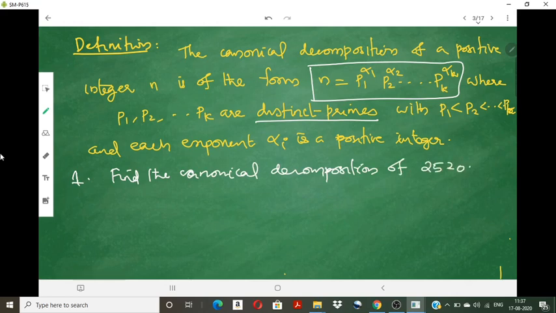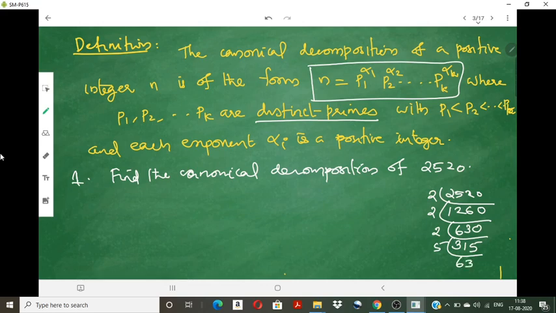It is an even number, so we first divide by 2 and get 1260, then again by 2 it is 630, again by 2 it is 315, then divisible by 5 gives 63.